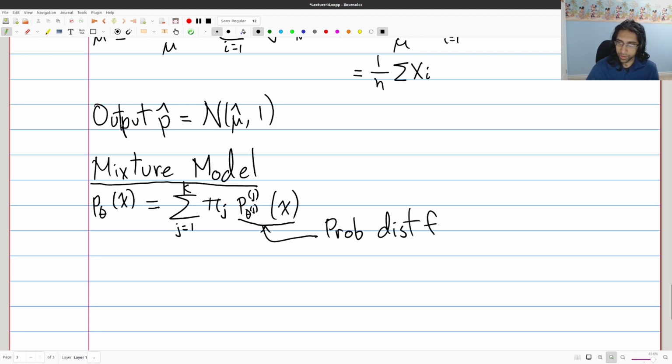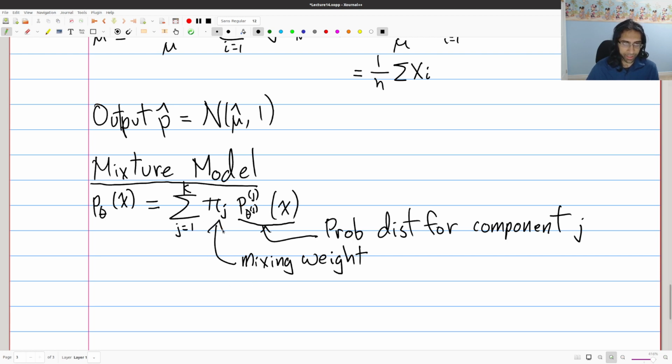This is just a probability distribution for component j, because notice that these are indexed by j equals 1 through k. And this here is known as a mixing weight. So we're going to have a set of k quantities, pi 1 through pi k, called the mixing weights.